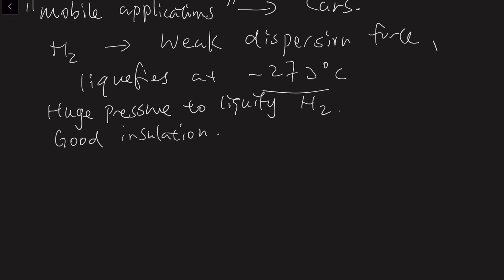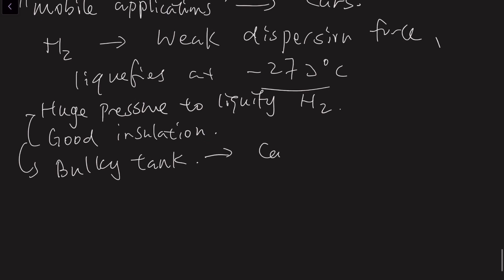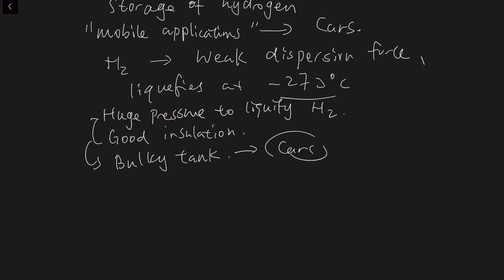Because of this, you need a very bulky tank, since something that can withstand high pressure needs to be really strong and heavy as well. And this is really not good for things like cars.